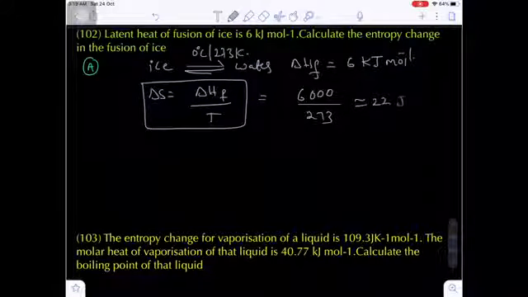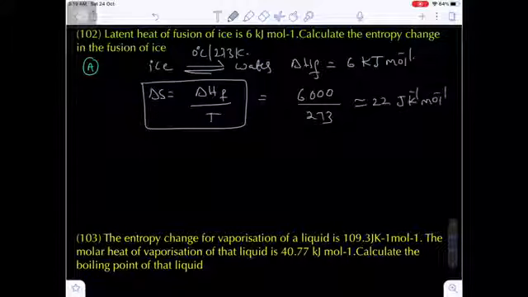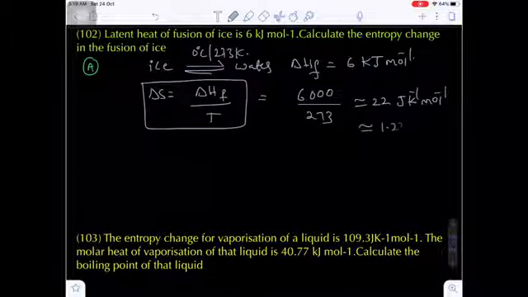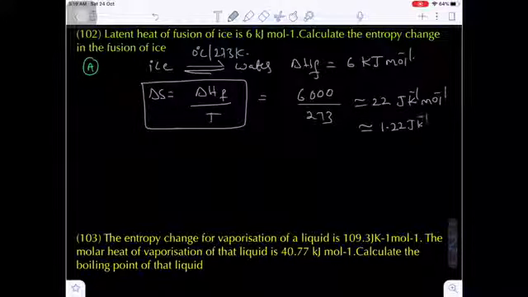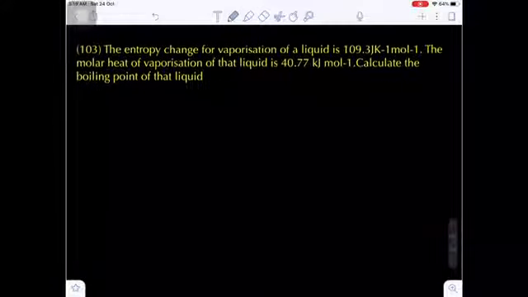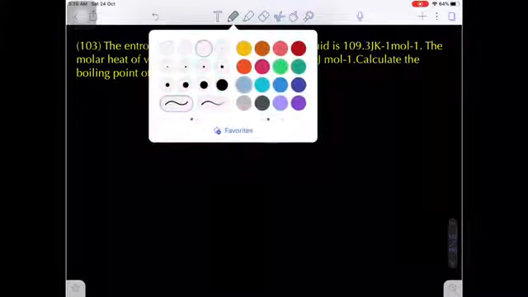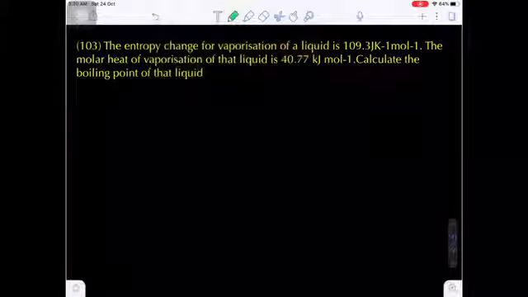So roughly we will write the answer 22 joule per Kelvin per mole. Are you getting my point? Otherwise, if you want to convert into gram, you can write 1.22 joule per Kelvin per gram. That means divided by molar mass 18.